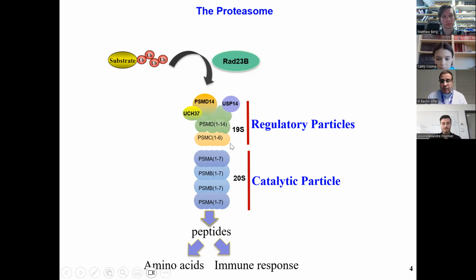So the proteasome itself is actually a fantastic protease that is responsible for the degradation of unwanted cellular proteins.